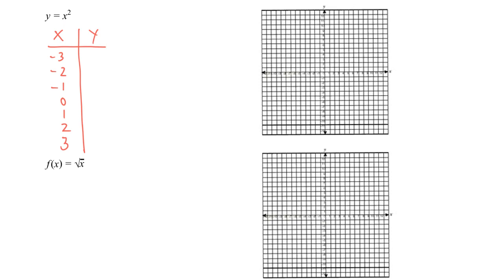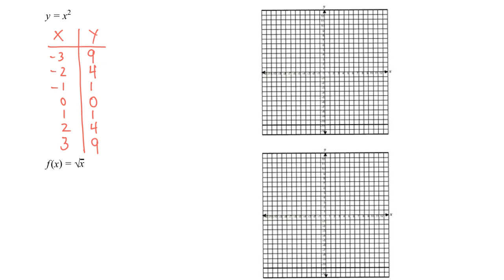So what is -3 squared? That's -3 times -3, which is 9. What's -2 squared? 4. What's -1 squared? 1. And then once you get to the vertex here, now it's just symmetry. So it actually doesn't even take that long to fill out.